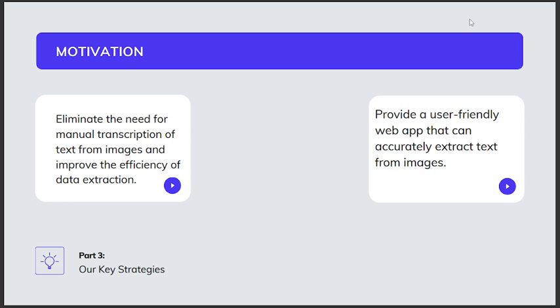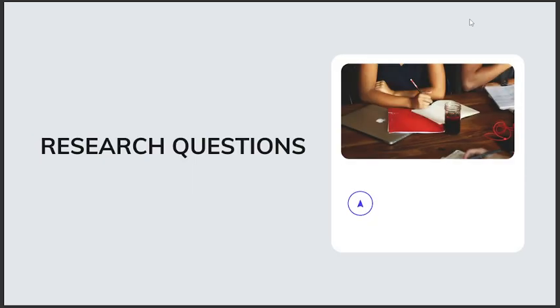The need for data extraction becomes very evident there, and also when it comes to automatic vehicle license plate recognition, this also comes into play. And also we provide users with a user-friendly web app that can accurately extract text from these images.